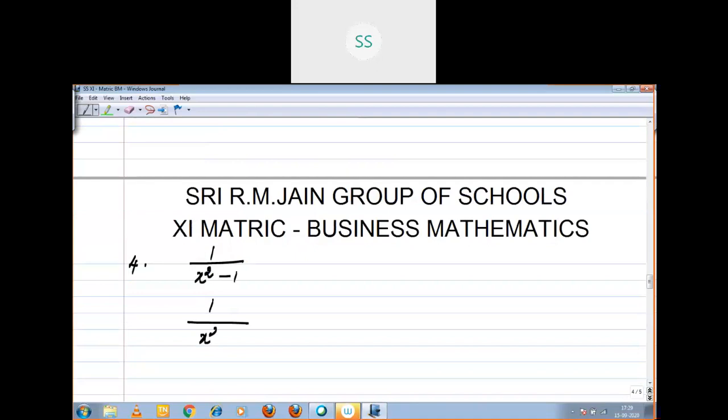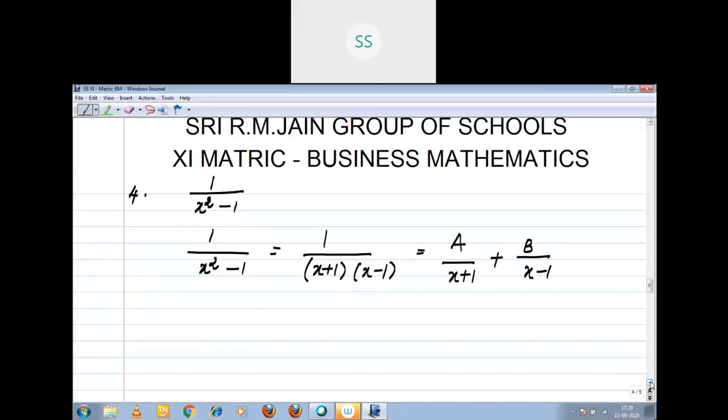Right? 1 by x² − 1 represents an identity, so 1 by (x + 1)(x − 1). Now your denominator is a non-repeated linear factor, so I am going to write it as A by (x + 1) plus B by (x − 1). Got it, children? Say yes or no.